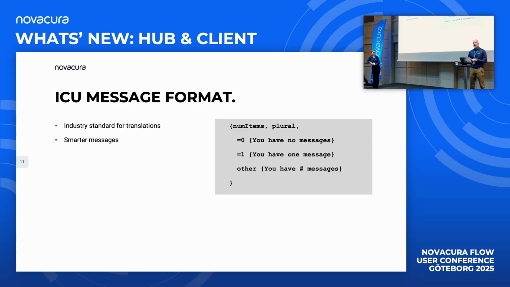So think of a notification. So instead of hard coding, you have one message and you have 5 messages. The ICU format lets you define a single rule that covers both cases automatically. And that's what we mean by smarter messages.